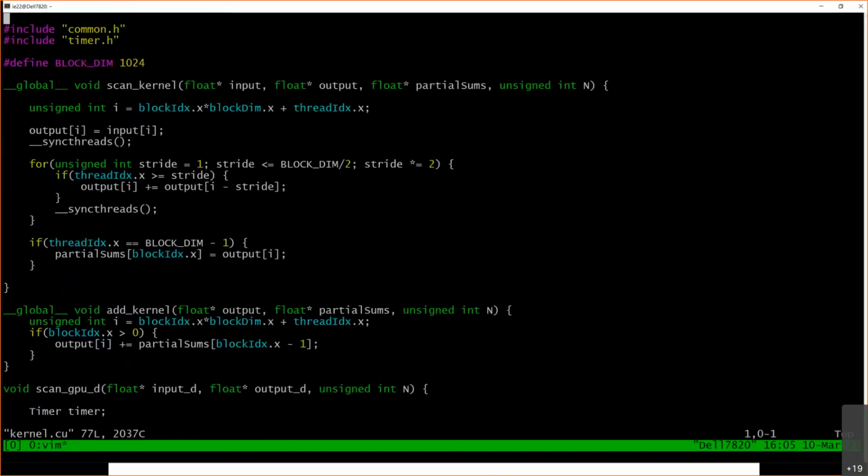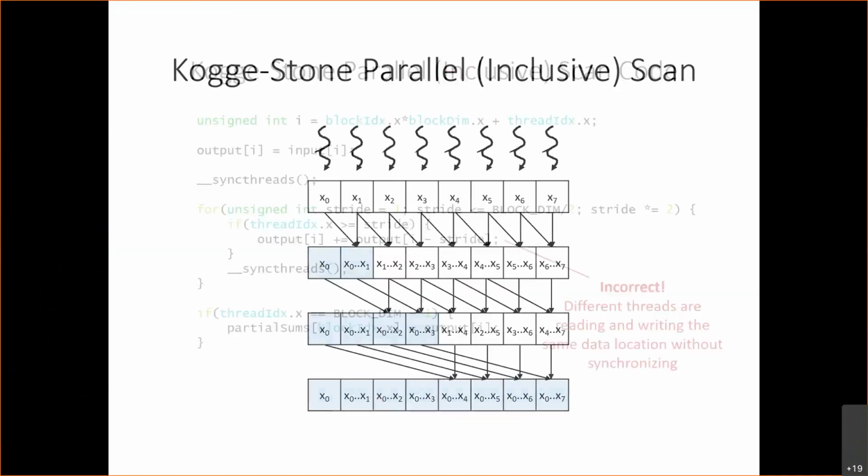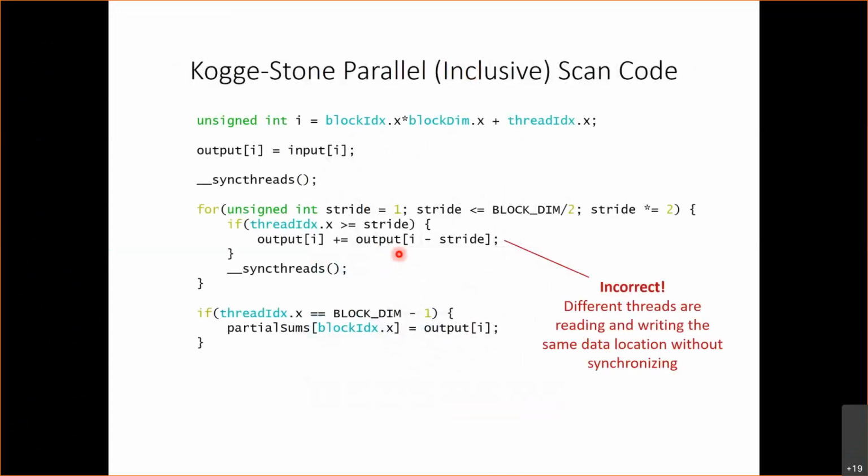This was not supposed to work, and there's a reason why. The reason is that over here, when I read output of i minus stride and add it to output of i, I actually have a race condition. So this is incorrect.